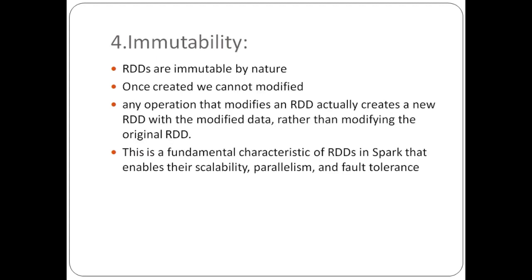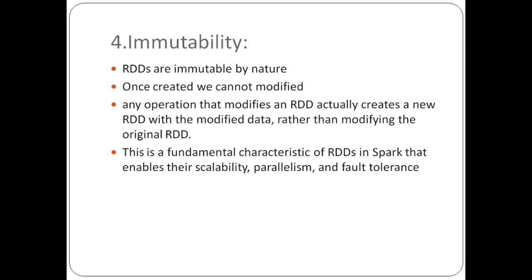And the fourth feature, immutability. RDDs are immutable by nature, meaning once you create one, you cannot modify it. Any operation that modifies an RDD actually creates a new RDD with the modified data rather than modifying the original RDD. This is a fundamental characteristic of RDDs in Spark that enables their scalability, parallelism, and fault tolerance.